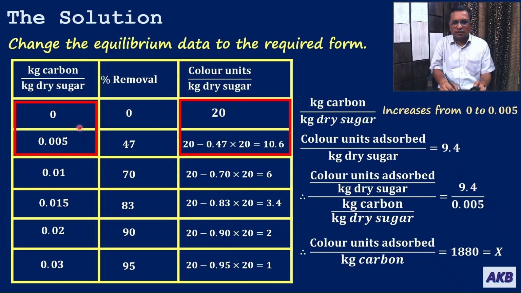So in this way, you can use the data in the first column and the data in the last column to get capital X. So for the first case, when you are adding 0.05 kg carbon per kg dry sugar, when percentage removal is 47, where the color units per kg dry sugar remaining in the solution is 10.6, capital X is 1880.